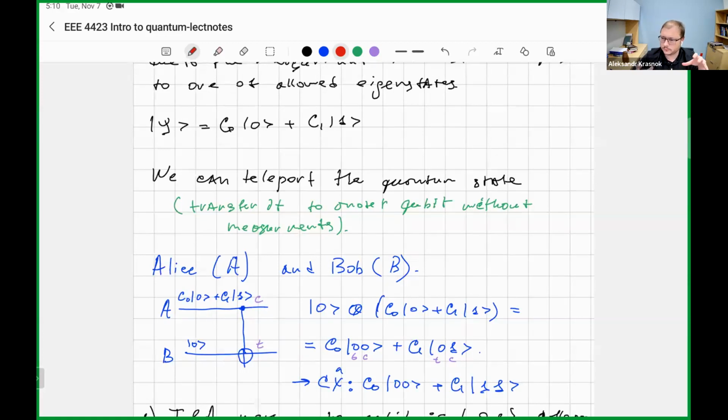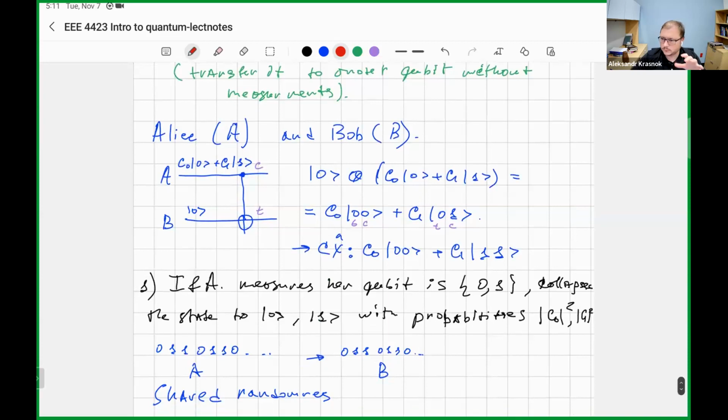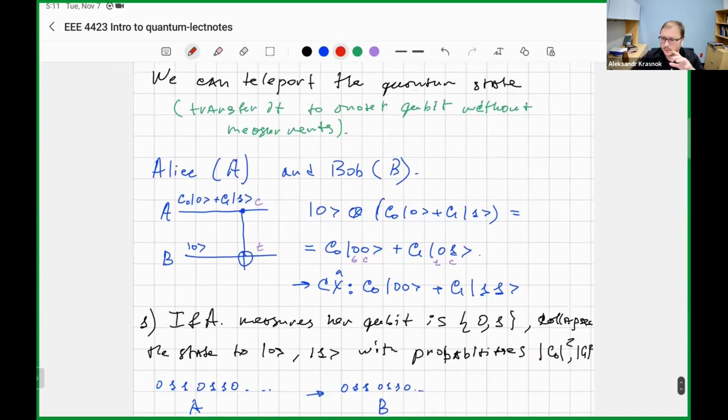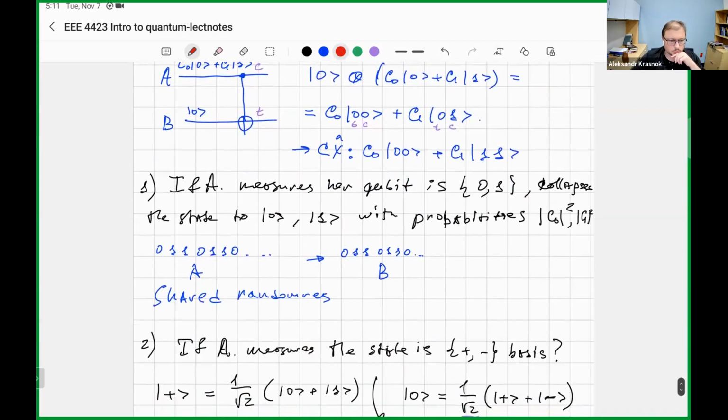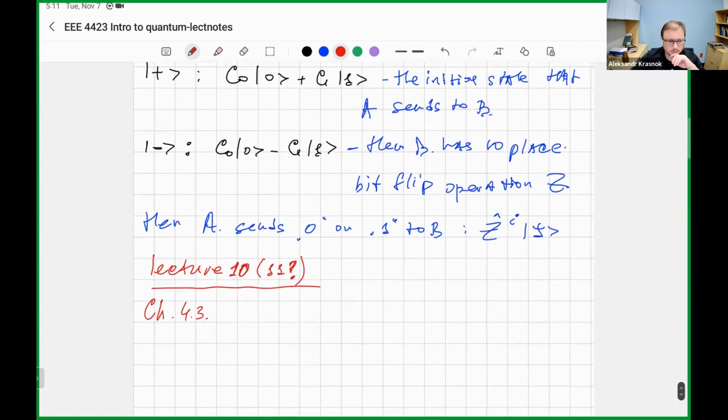In a classical system, we measure the state of a bit of some system, and then we can prepare another system in exactly the same state. In quantum it is not possible, and the only way is to teleport the quantum state from one qubit to another qubit. Even though we don't know the exact quantum state, we can still teleport it from qubit to qubit. So here is the procedure.